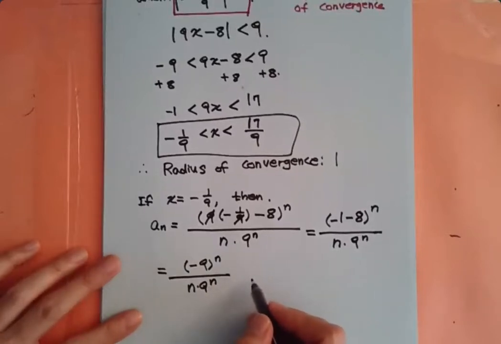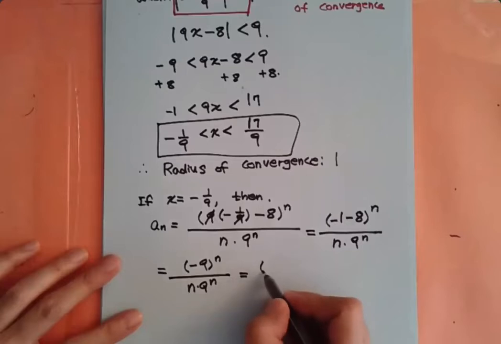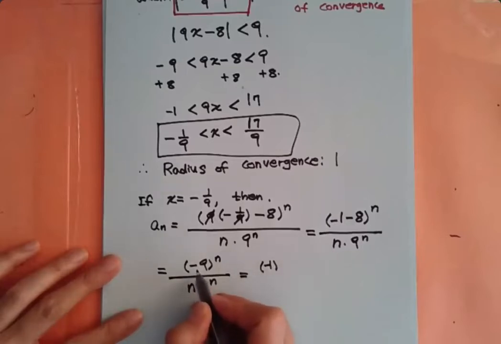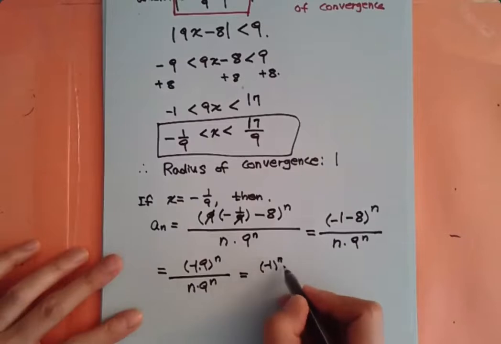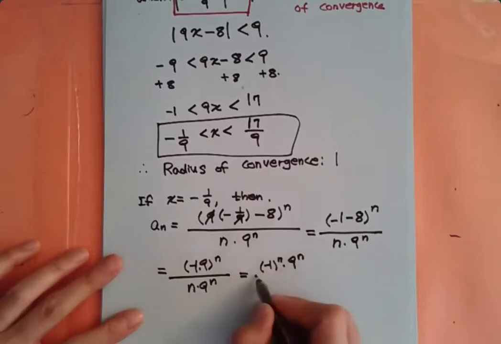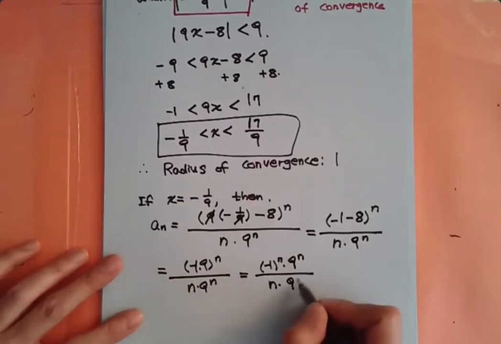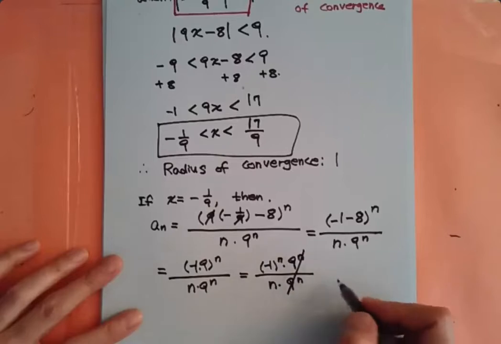So we can further simplify by writing this as (-1 times 9) to the n power, so (-1) to the n power, 9 to the n power over n times 9 to the n power. Those will cancel each other. So we have (-1) to the n power over n.